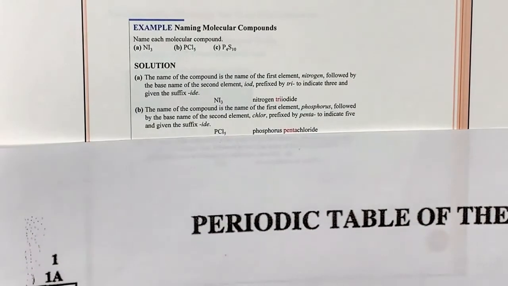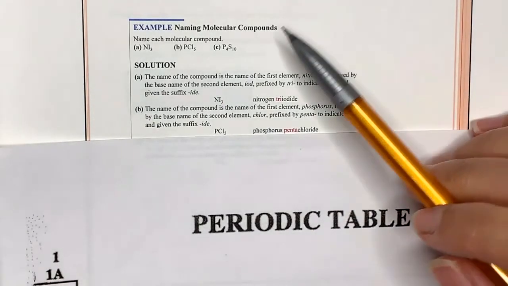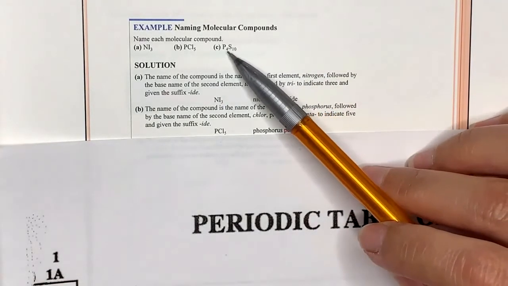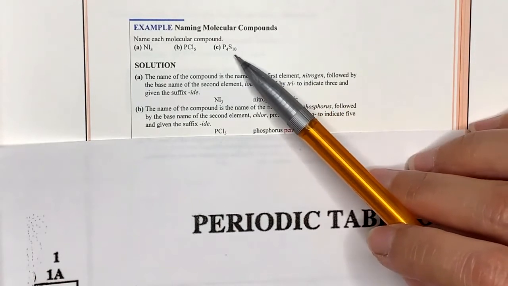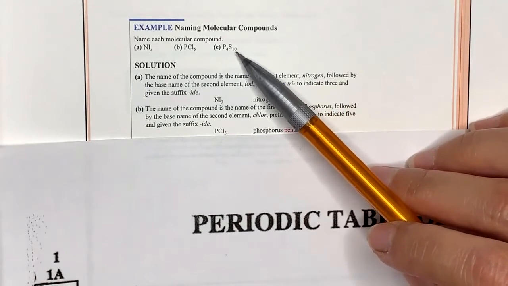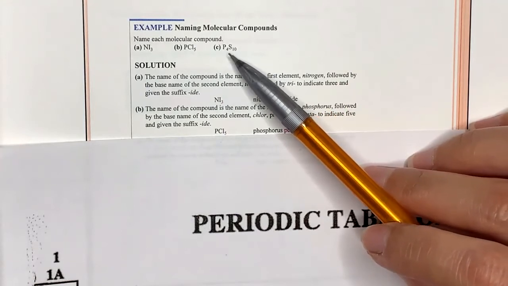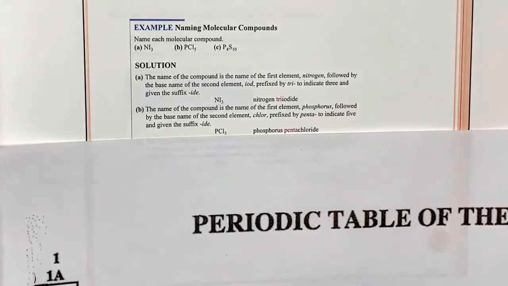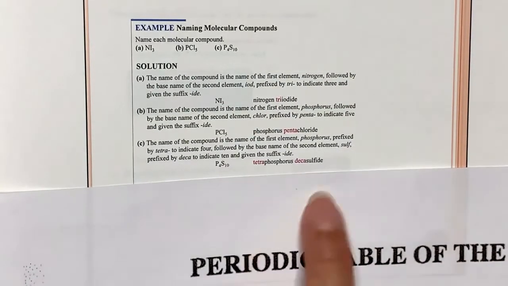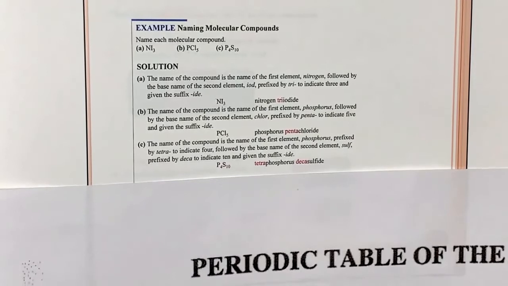Right there. Now, the next one you have P4S10. So P would be phosphorus, again, 4 is tetra, 10 is deca. Okay, so those are your prefixes. So this would be tetraphosphorus decasulfide, IDE, right there, okay? So you just have to remember.